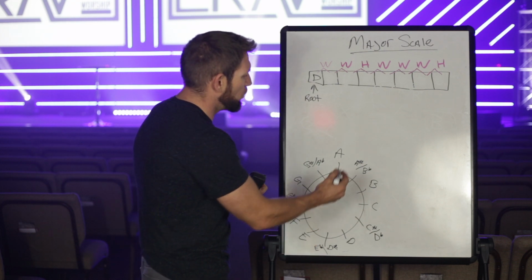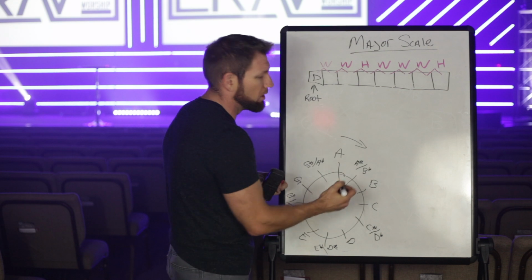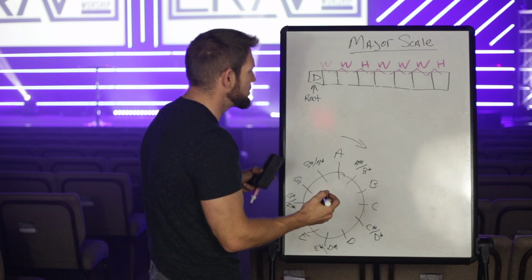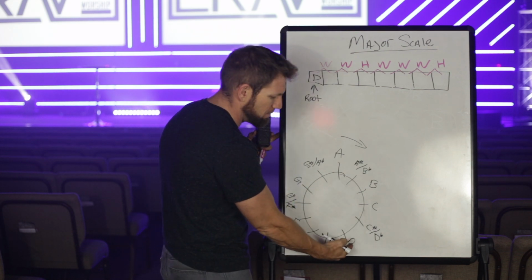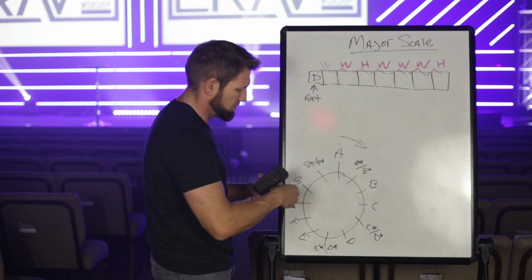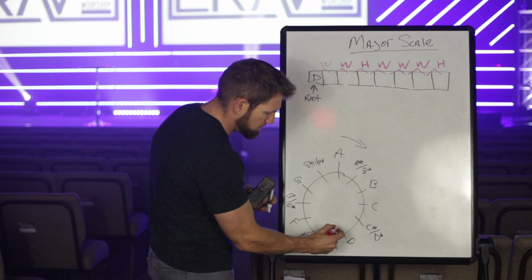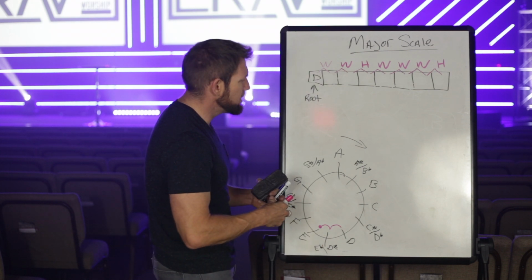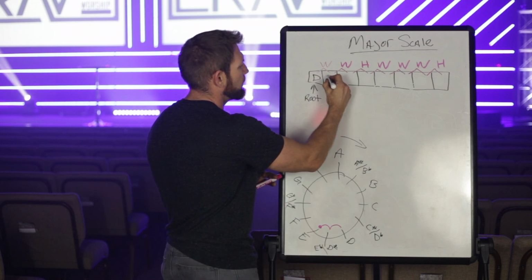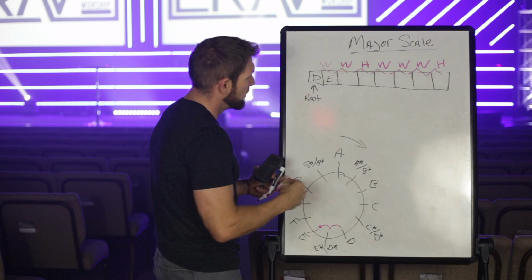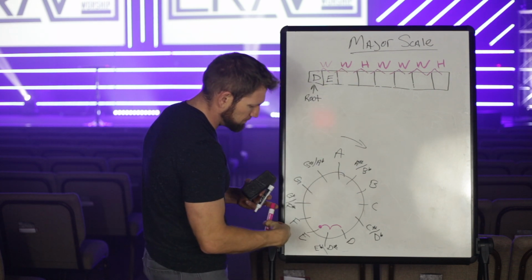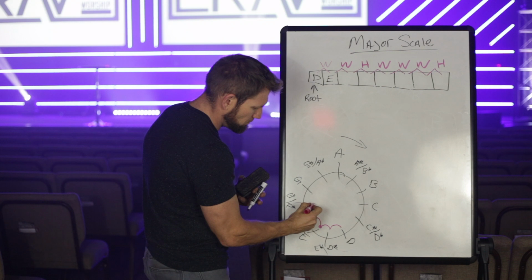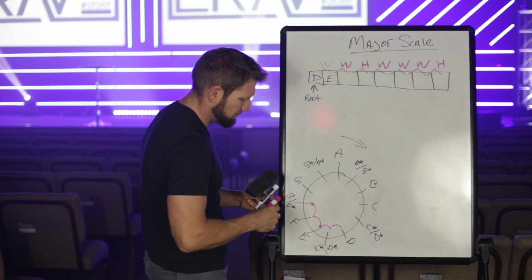So we're going to work around our note wheel to build our major scale, always to the right, always to the right. If I find my D on my note wheel, I'm going to go one whole step from the D. So I get to the E. I'm going to go one whole step from E. We ended up on an accidental.